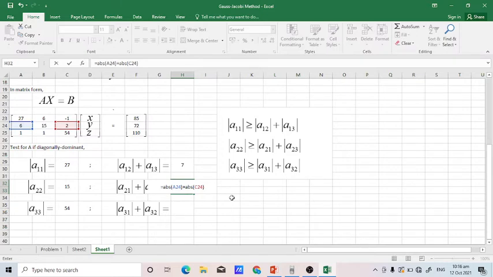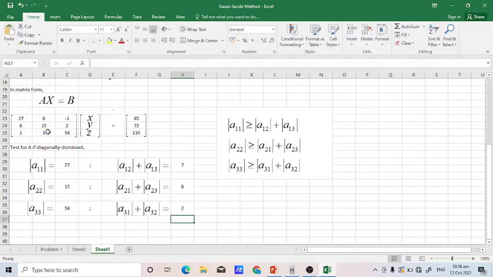Okay? Yeah. Tapos ito, absolute value of A31 plus A32. Okay? Ayun. Alright, so diagonally dominant. No? So, na-satisfy ba yung tatlo?